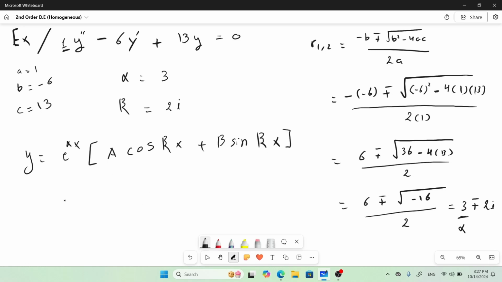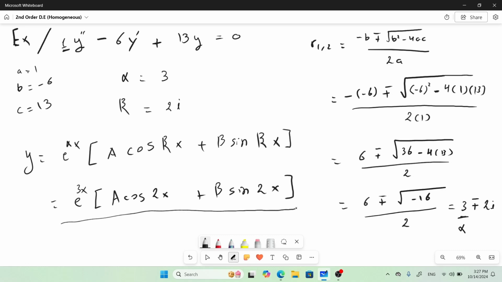So we have the following answer: exponential 3x, a cosine 2x plus b sine 2x, and that would be our final answer.